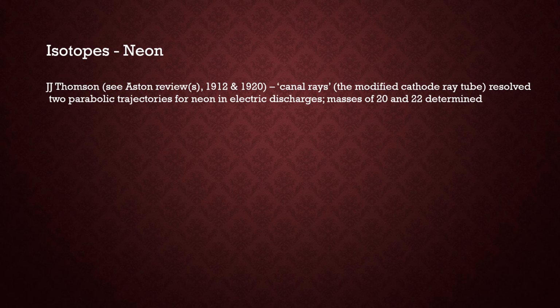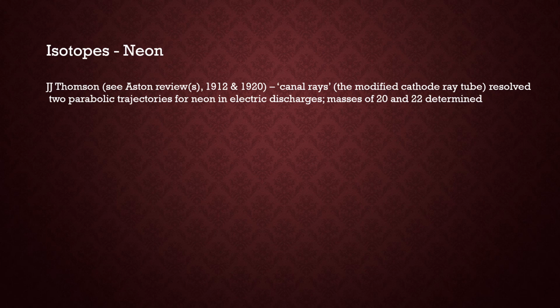So the modified cathode ray tube examined canal rays, which are the positively charged ions. The same sort of detection was done with the canal rays, namely a photographic exposure. And there were hints of multiple spots suggesting the existence of isotopes.